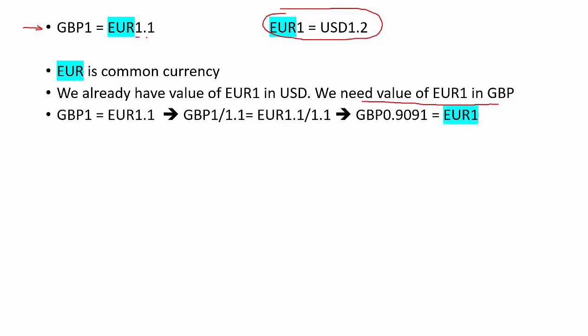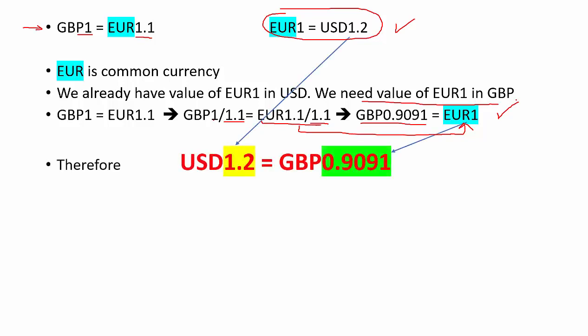In order to turn 1.1 here into 1, we simply divide both sides by 1.1. So on the right hand side, it turned into €1. And on the left hand side, when you take £1 divided by 1.1, you have 0.9091. So now at this step, we have this and we have that. Both show you the value of €1 in different currency.